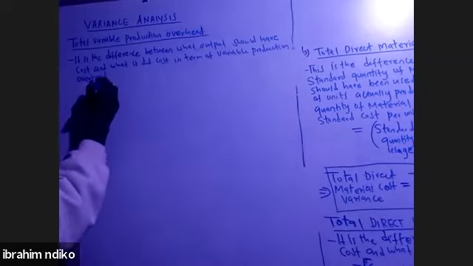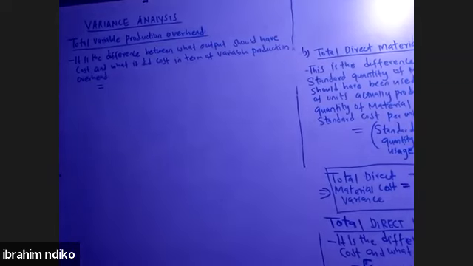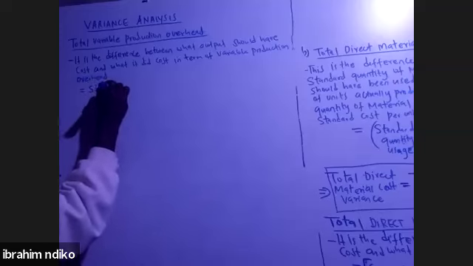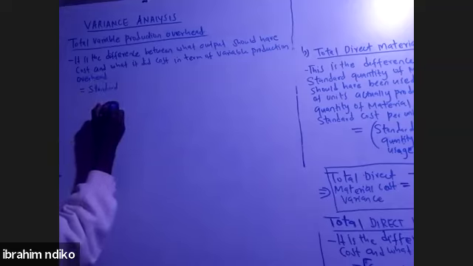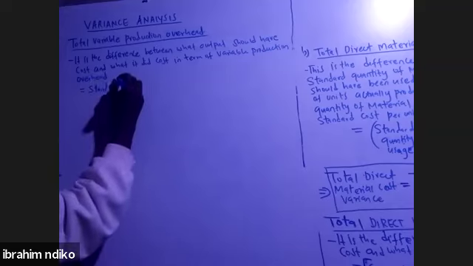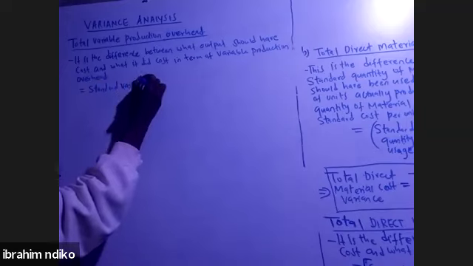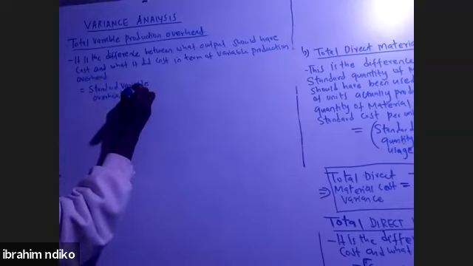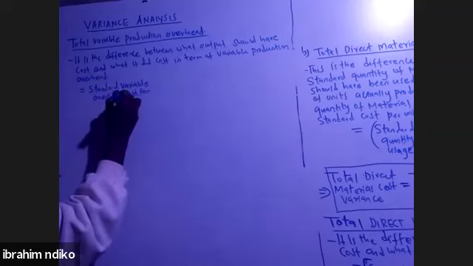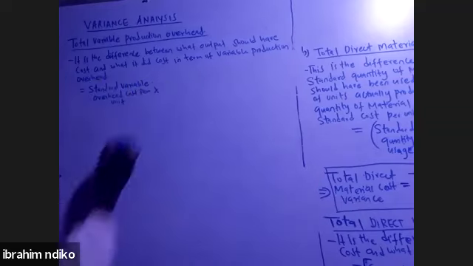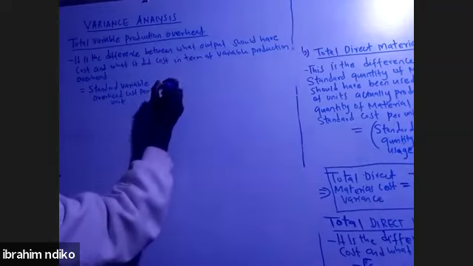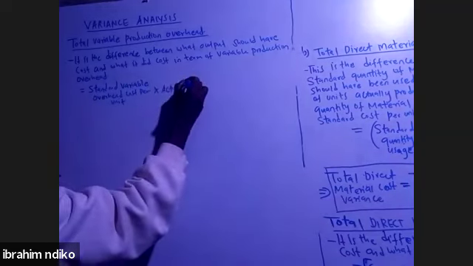This is the formula for total production variable overhead. So the formula is given as follows. Standard variable overhead cost per unit, we multiply with the actual units produced.